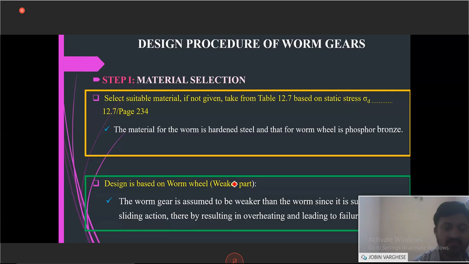That is the usual case for academics. We are not going for the other case, which is used for reversing actions or braking when required. So you can go with worm as the driver and worm wheel as the driven one, and there won't be any confusion in the design part.